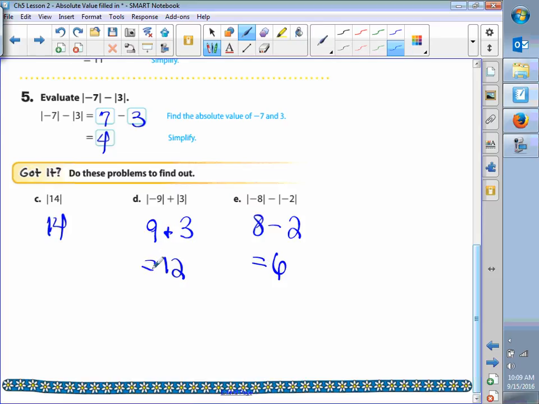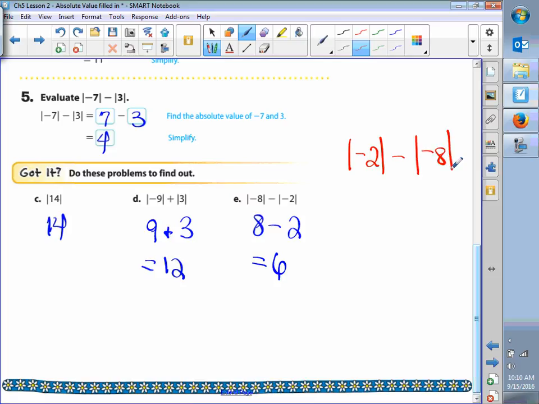Yes. Now, let me just throw this in there for you, just as a little side note. What if I had the absolute value of -2 minus the absolute value of -8?